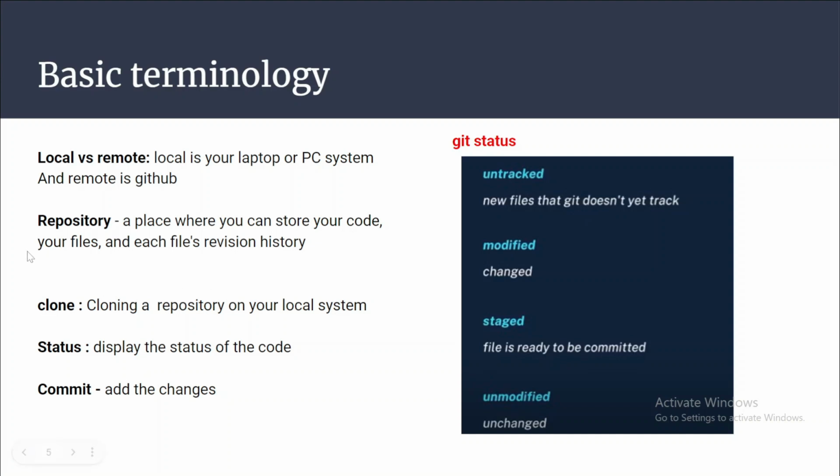So I can clone the entire repository. Clone means, let's say Akshata has a GitHub account and she has one repository, let's say Python. She has one repository named Python, and within Python she is maintaining Python projects. Let's say she has three Python projects.